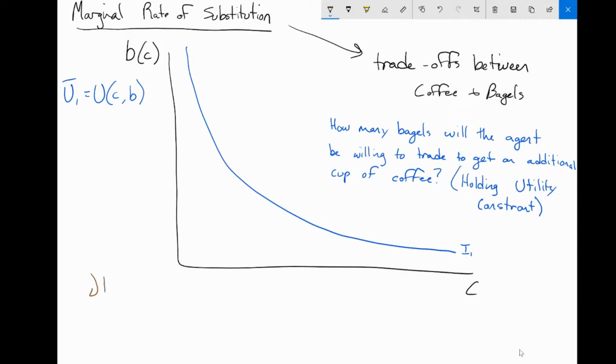This would be the derivative of bagels as a function of coffee with respect to coffee. We can put this in different ways. This would be how many bagels I would give for 1 more coffee.